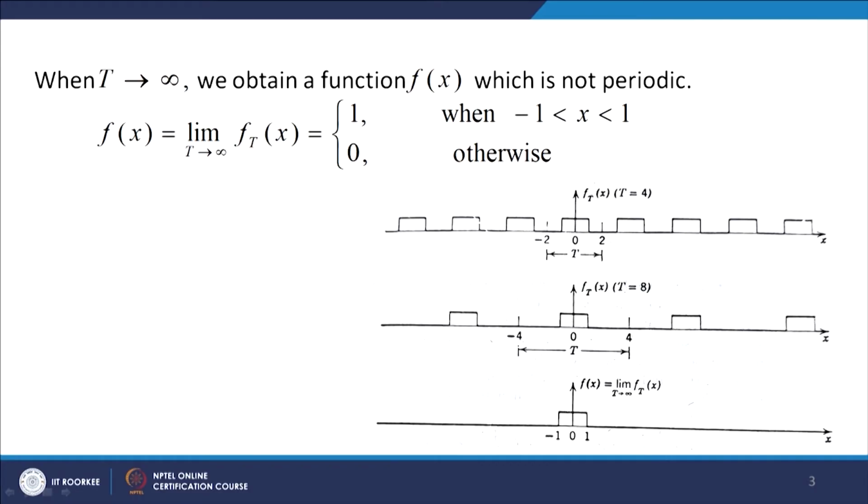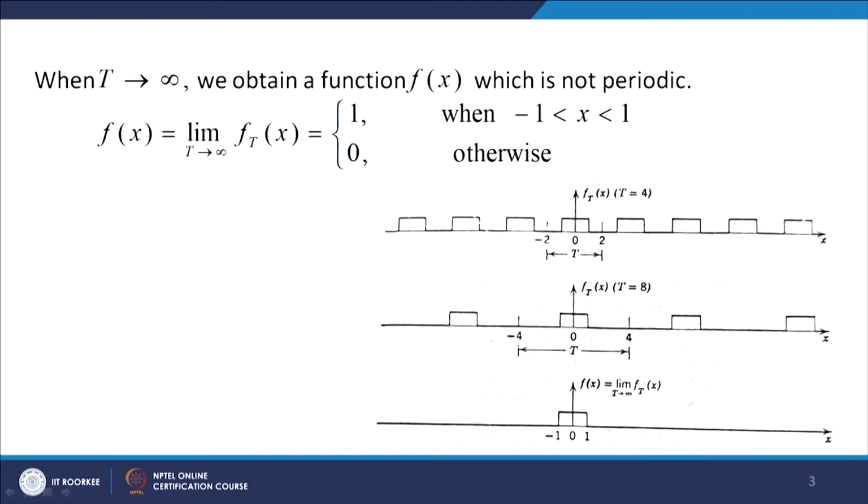Here we take another value of T, say T equal to 8, and then you see the graph of the function f_T(x) from minus 4 to 4. This is 0 from minus 4 to minus 1, from minus 1 to 1 it is 1, and then from 1 to 4 it is 0, and then it has been extended periodically by using the period T equal to 8.